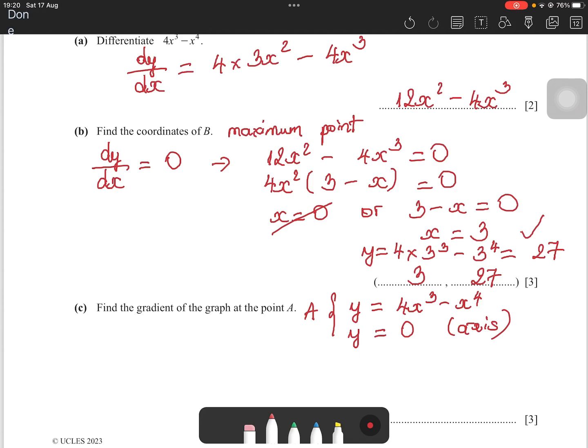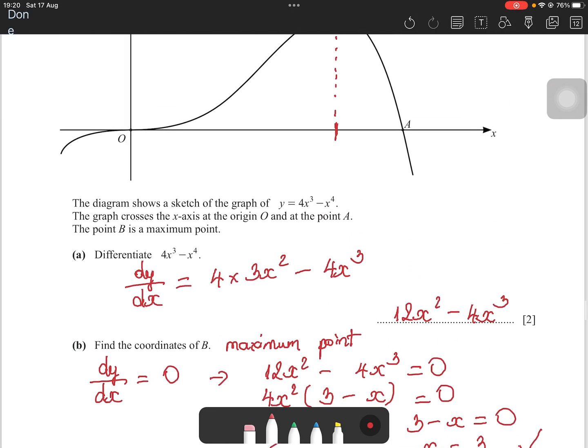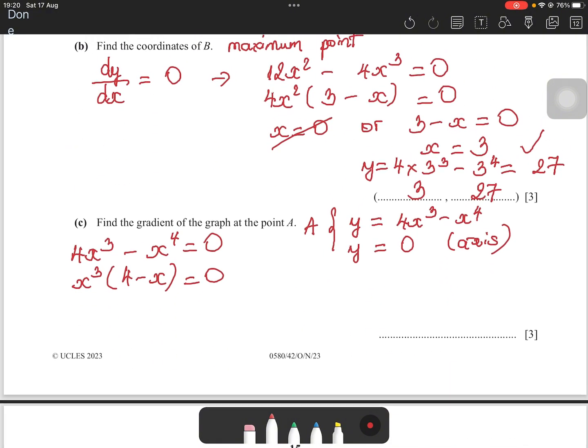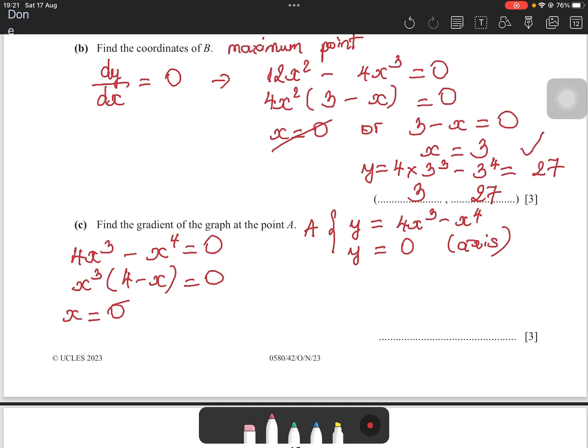So I will let y be 0. 4x cubed minus x to the power of 4 equals 0. And I also factorize this. x cubed times 4 minus x equals 0. You know that at the point A, the x value should be positive, not 0. So we also skip the first one. x cannot be 0. Then 4 minus x is 0, which means x equals 4.